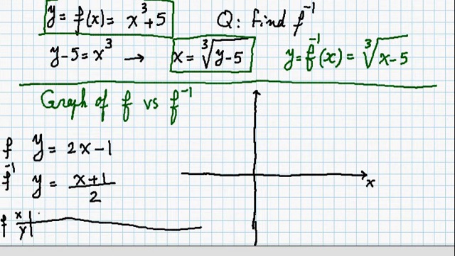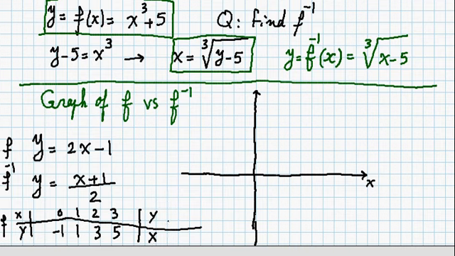So for the function f, if I have my x's chosen as, say, 0, 1, 2, 3, and so on, y turns out to be, well, when x is 0, y is minus 1. When x is 1, this is 1. X is 2, 3, and this becomes 5. What if I want to get some numbers for f inverse? Well, really, the same set of numbers will do, except that now this is going to play the role of y for me, and this is played with x.